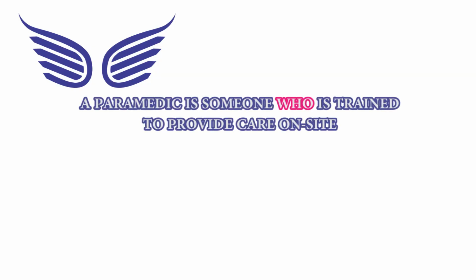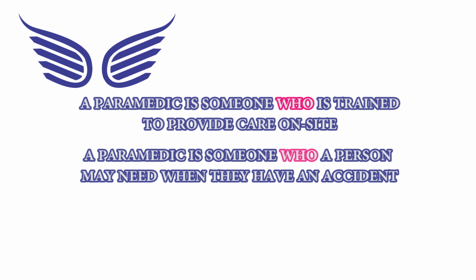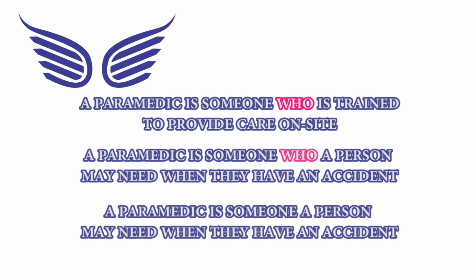So, what is the difference? A paramedic is someone who is trained to provide care on site. A paramedic is someone who a person may need when they have an accident. A paramedic is someone a person may need when they have an accident. Observe: the use of the relative pronoun that, which, or who is necessary when the subject does the action.